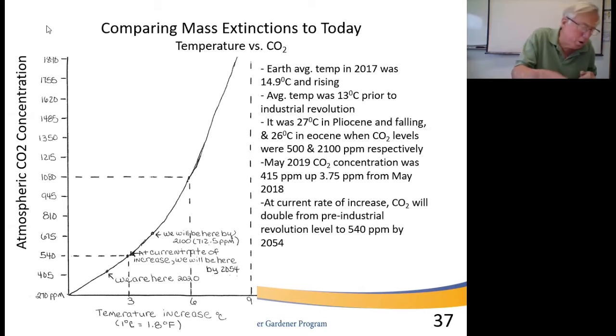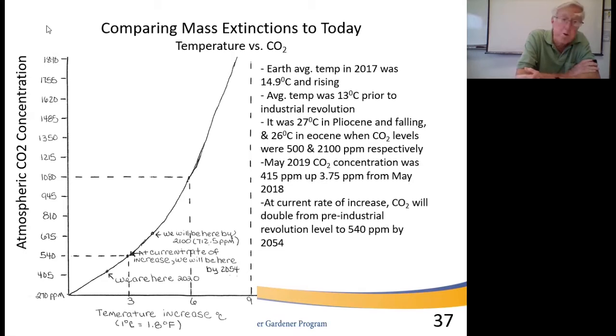So, a couple other little tidbits here. January 2020 was the hottest January in recorded history and the 44th consecutive January above the 20th century average and the 421st consecutive month with temperatures above the 20th century average.